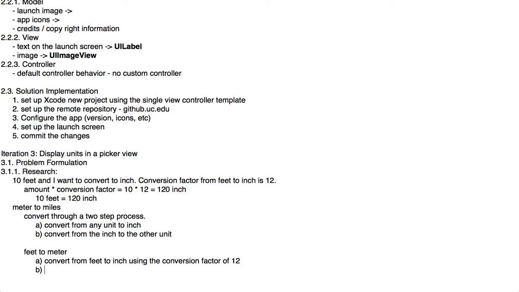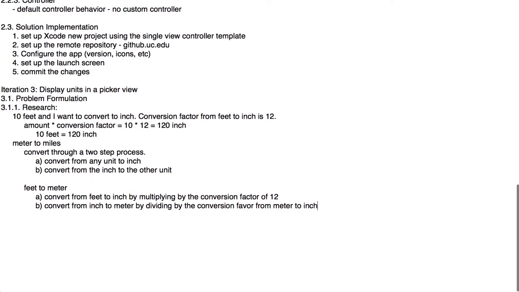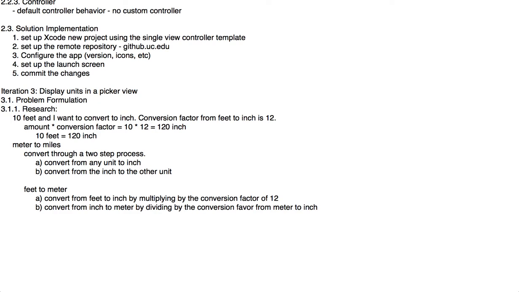And then step 2 is convert from the inch to meter by dividing by the conversion factor from meter to inch. So if I'm able to create a small table with all the units that I want and the conversion factor, I can use this two-step process for that conversion.